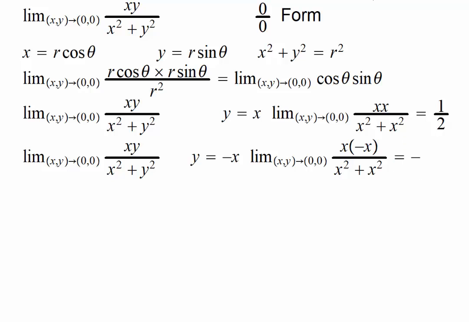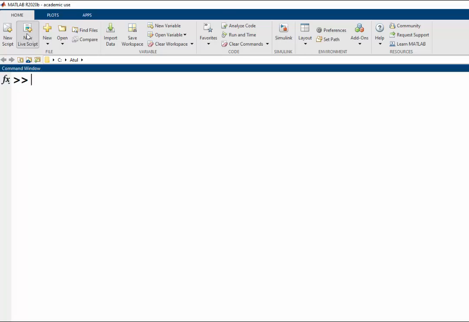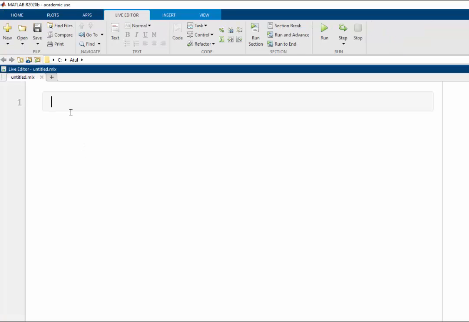Okay, so let's go to Matlab and see how it looks graphically. Here we have Matlab opened and we are working with a live script. So let's call for a live script here. And here it is.